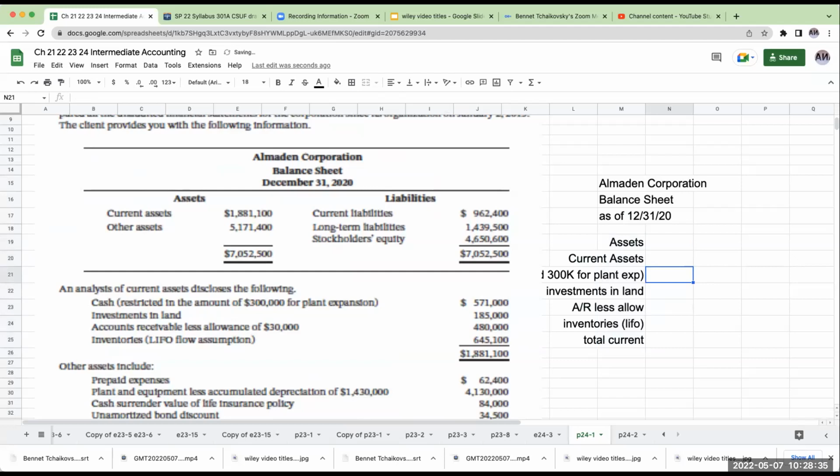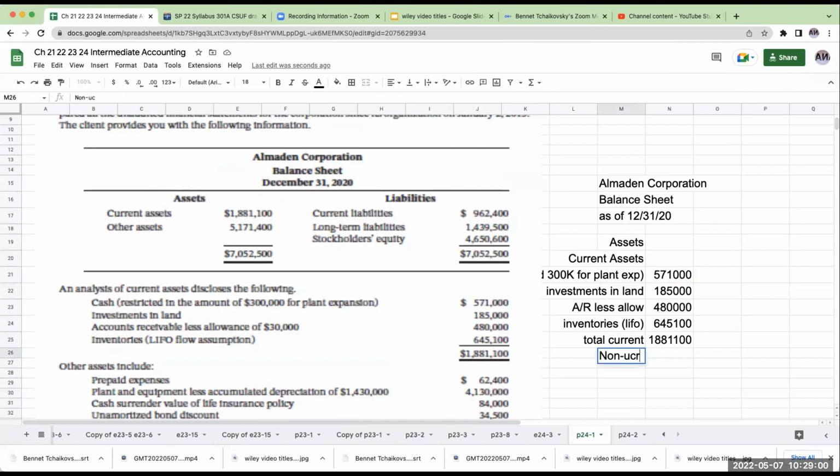Okay. So over here, 571, this is 185,480,000, this is 645,100. So my total current assets are 1,811,100.